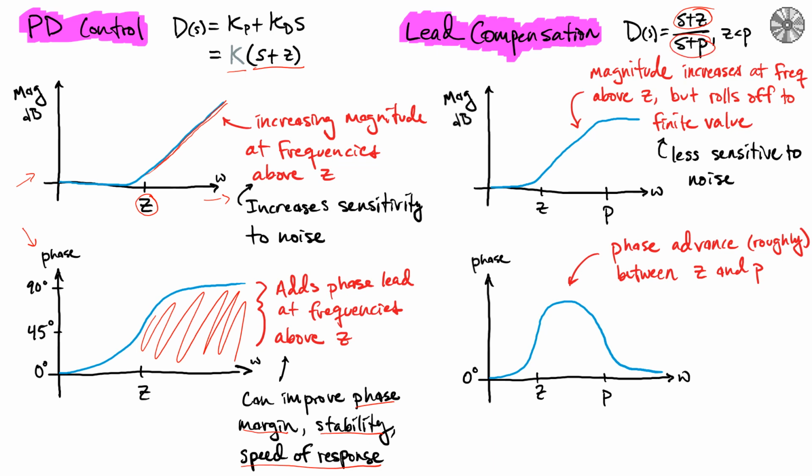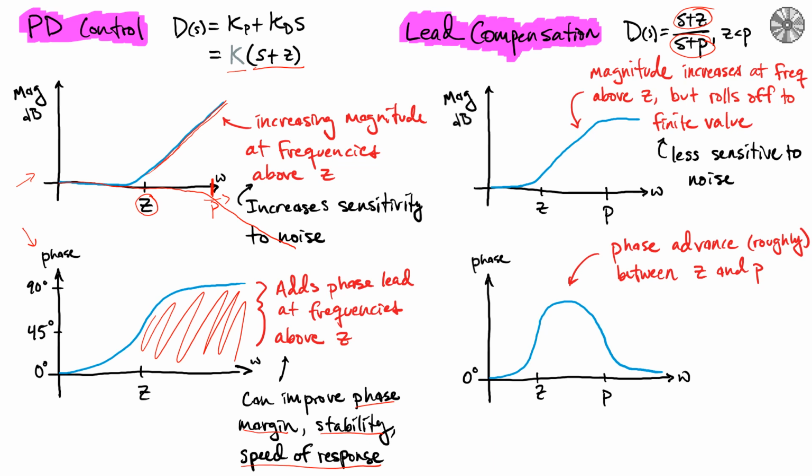And so remember, the pole is farther out, so it means the pole is larger. So let's say the pole happens somewhere over here, and so the pole magnitude plot stays close to 0 and then breaks, and it breaks down at minus 20 dB per decade, going down.